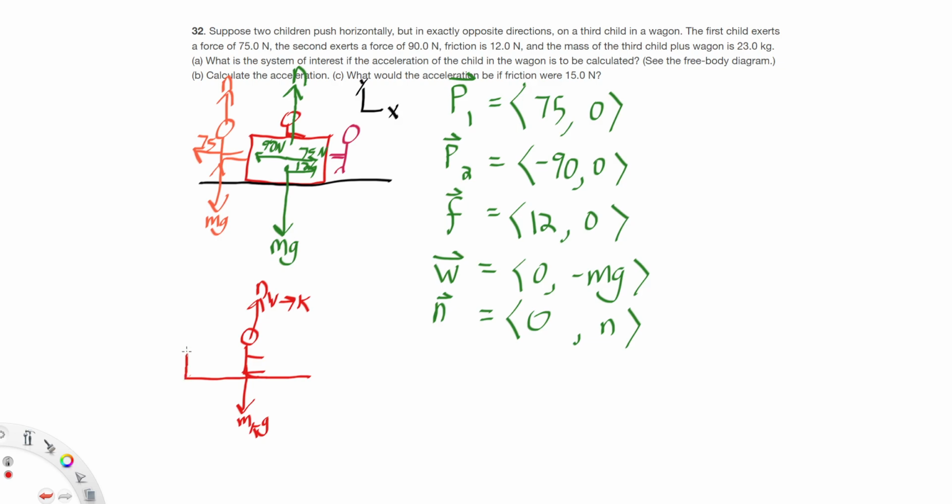So if we were to write down the sum of forces in the y direction for our wagon and kid, we would write down, well, mass of the kid times gravity in the minus direction, and then mass of the wagon times gravity, plus the normal force from the ground to the wagon.